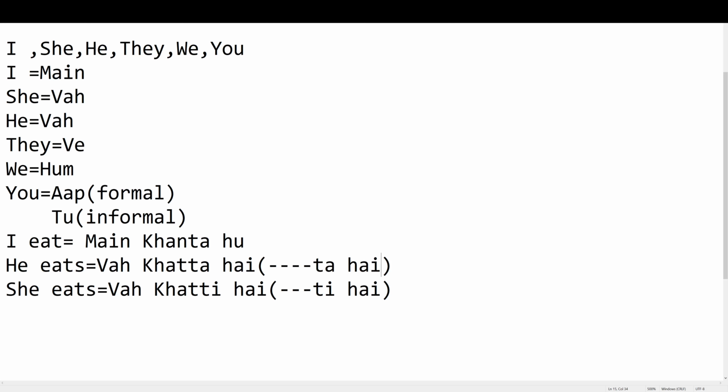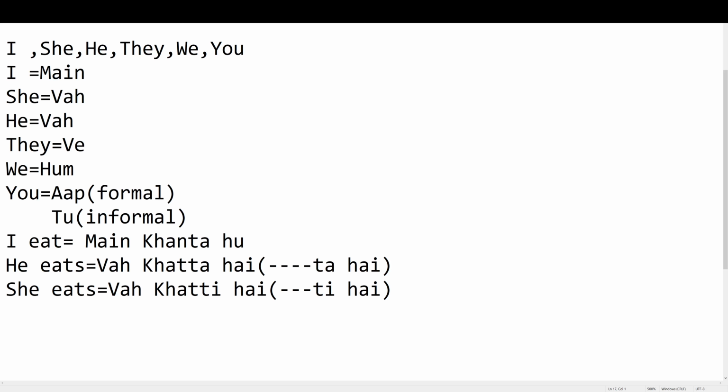For example, one more, Seema. Seema खाती है. Why खाती है? Why not खाता है? Because Seema is female. That's why at the end we are using ती है. Got it? This is how it should be.